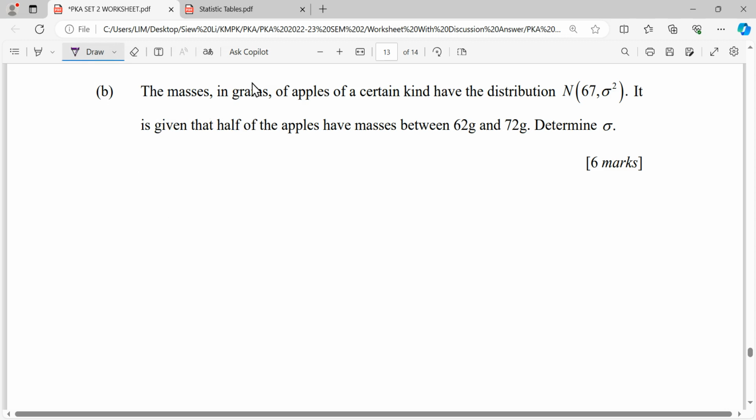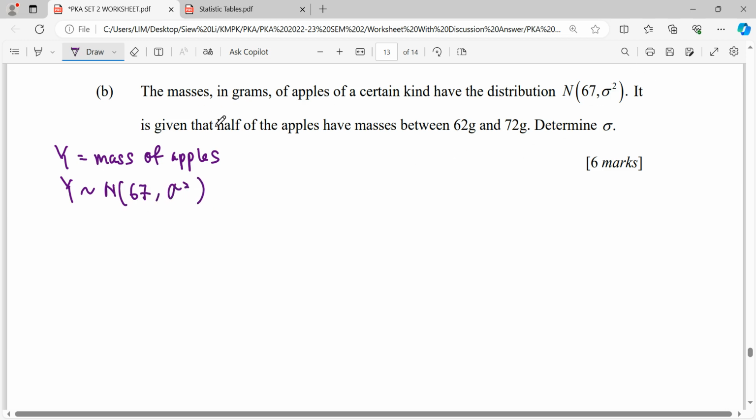The mass in grams of an apple of a certain kind has a distribution. Now with something different, just now it was plum. Now Y also represents the mass, Y, mass of apple. I didn't use X because X just now I already used to represent the mass of plum. So now I represent it with Y. Y is distributed normal with mean 67, variance we don't know.